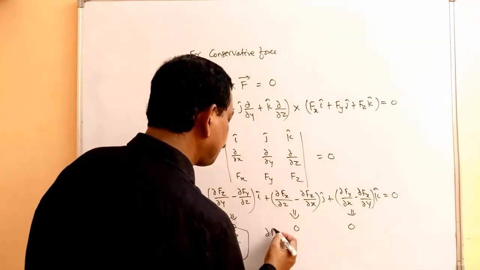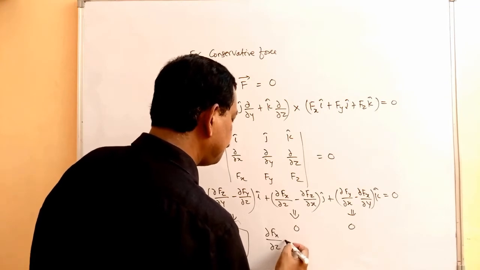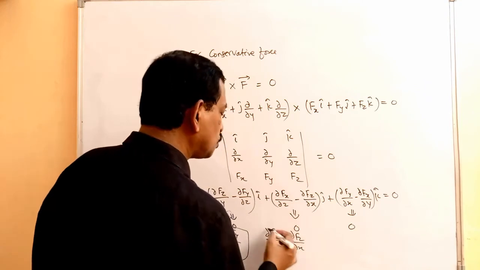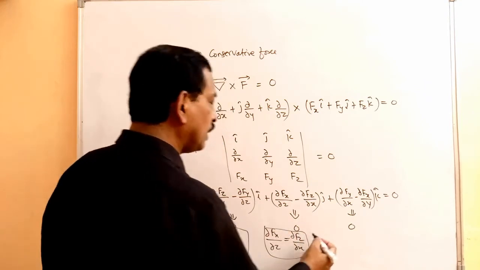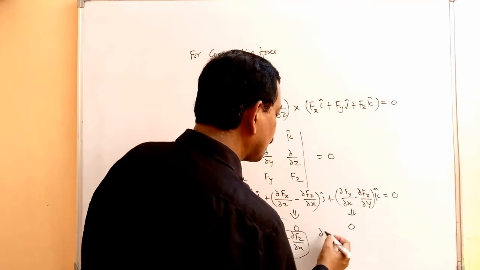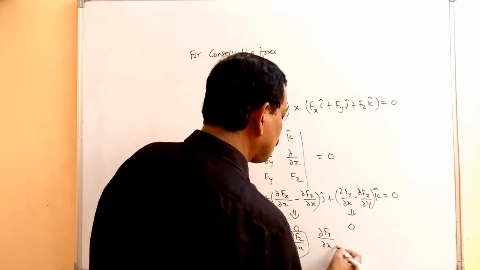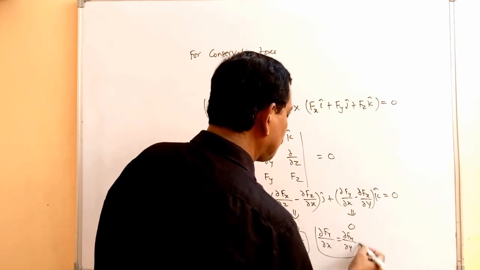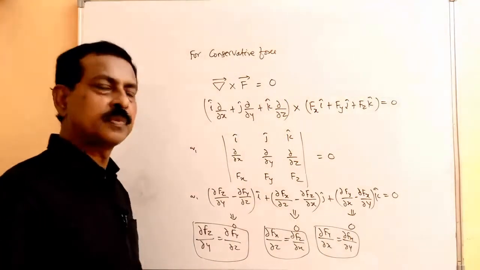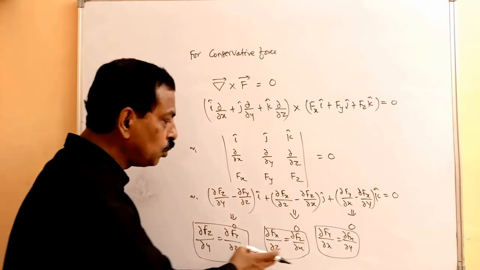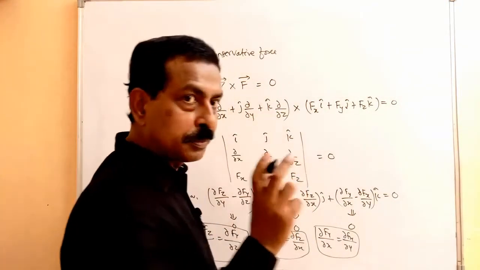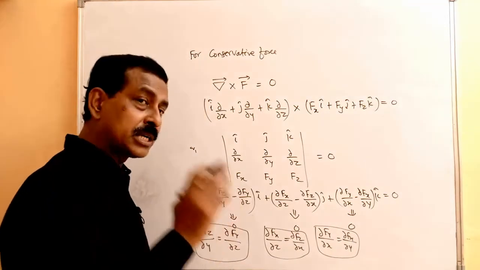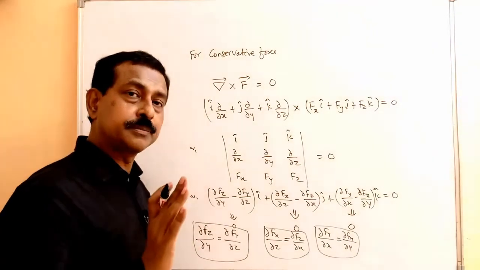From this, ∂fx/∂z and ∂fz/∂x, these should be equal. And the third one, okay, all should be equal, means you will get 3 cases there, and you will have to see whether that derivative, that is the partial derivative, is equal or not.